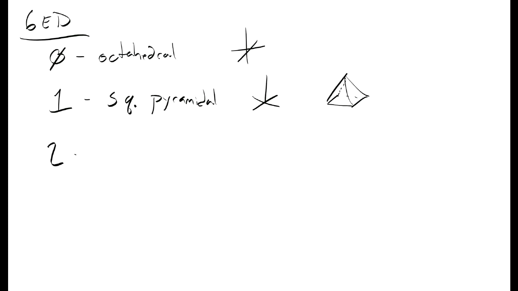Now, the second one, it does make a difference where you put it. The second one goes on the opposite side from the first. Okay? You want to get the non-bonding pairs as far apart from one another as possible. Okay, so when you put the first one on there, that breaks the symmetry of the octahedron. So the second one just goes on the opposite side from that.